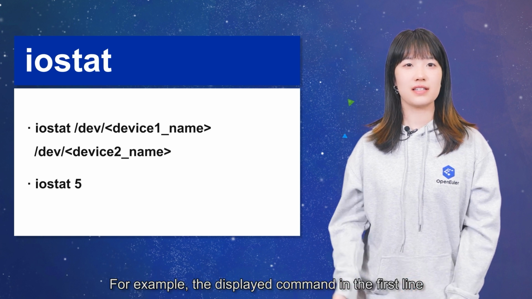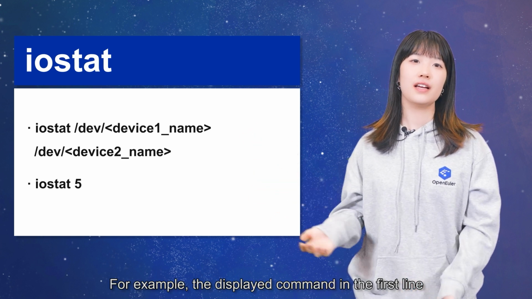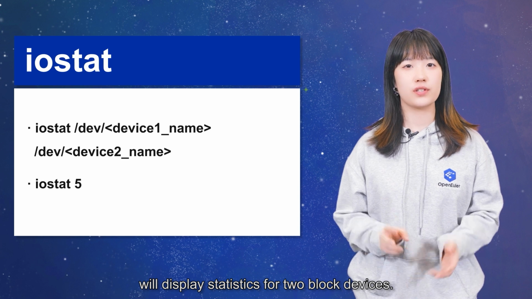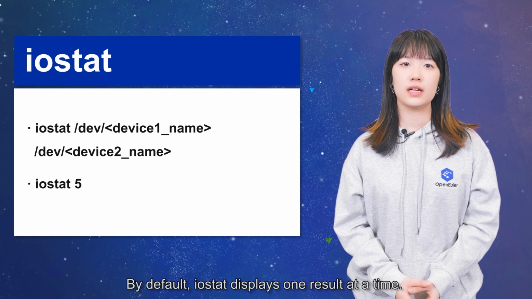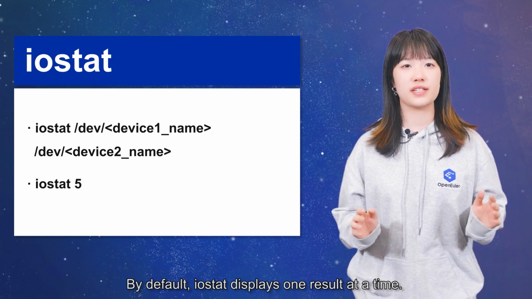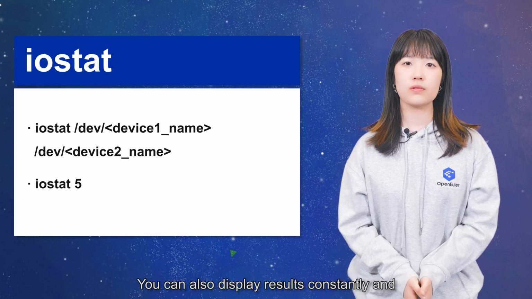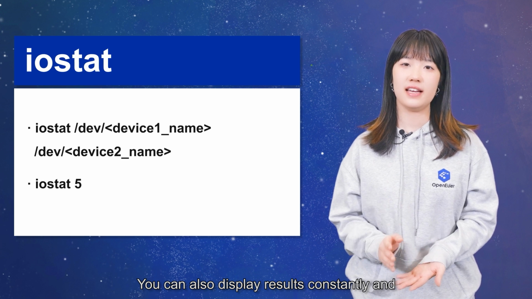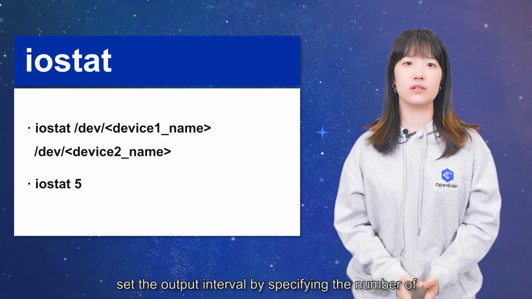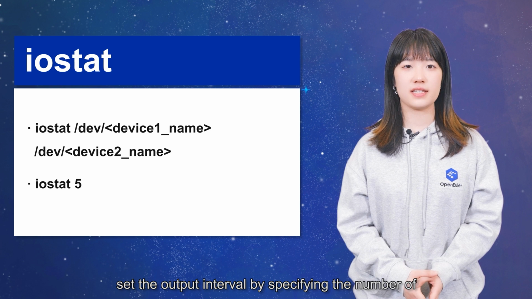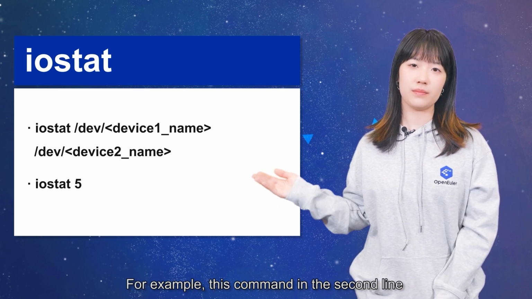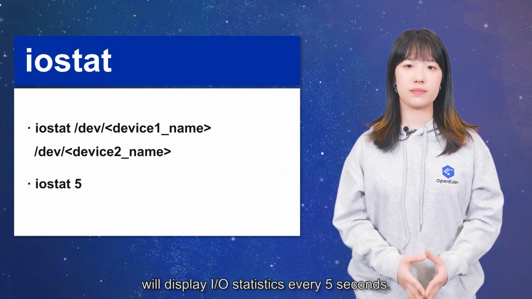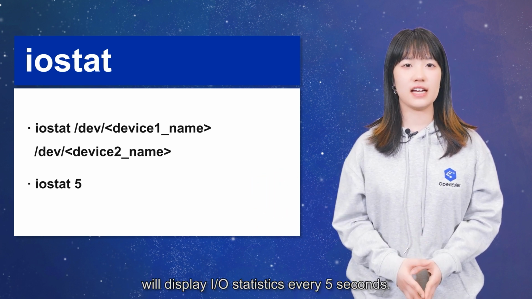For example, the command in the first line will display statistics for 2 block devices. By default, IOstat displays one result at a time. It can also display results constantly and set the output interval by specifying the number of seconds between updates. For example, the command in the second line will display I/O statistics every 5 seconds.